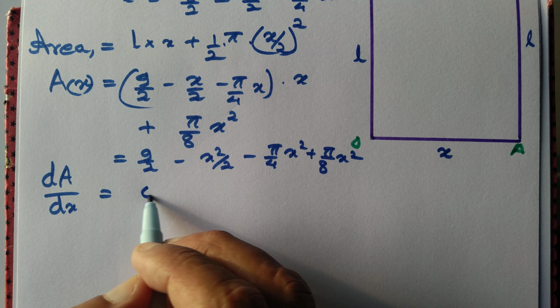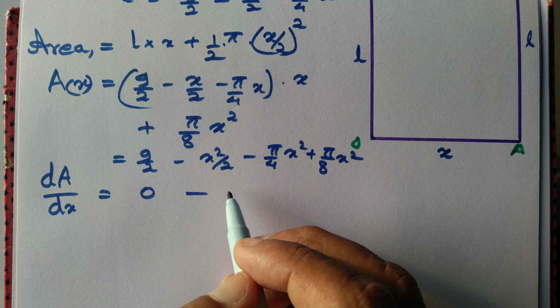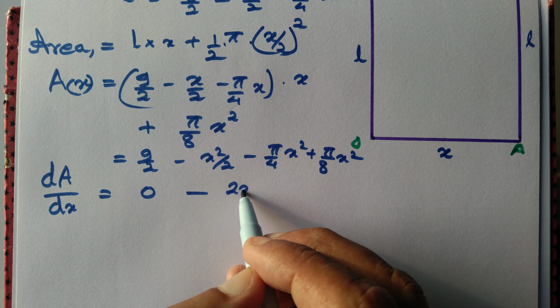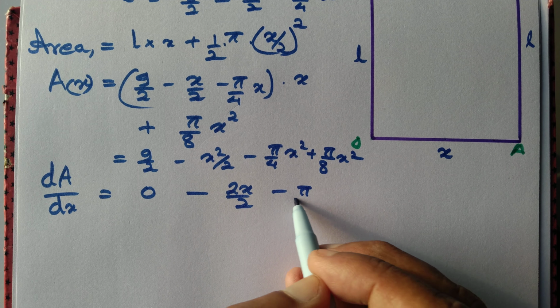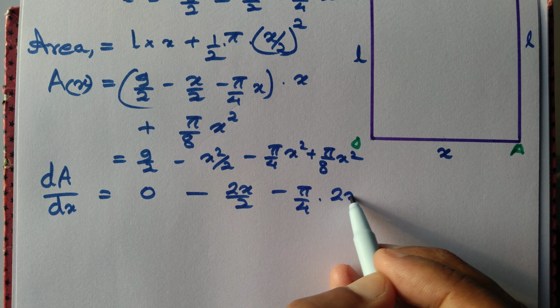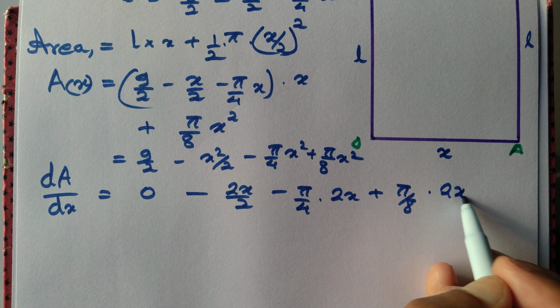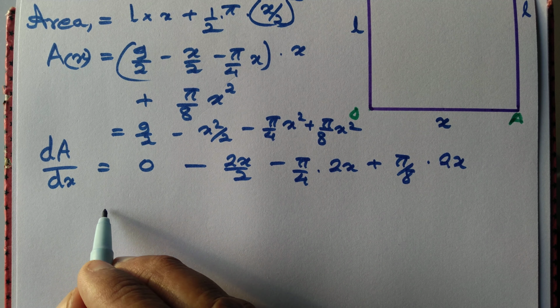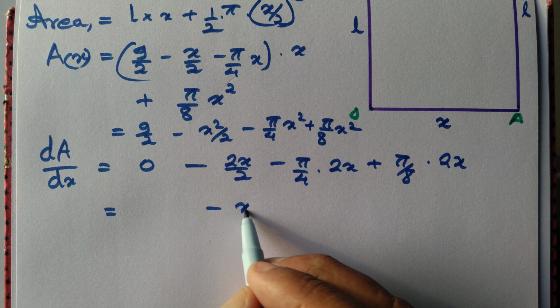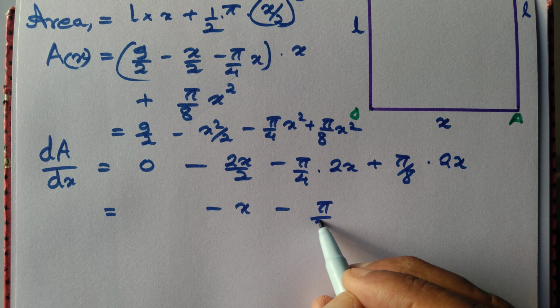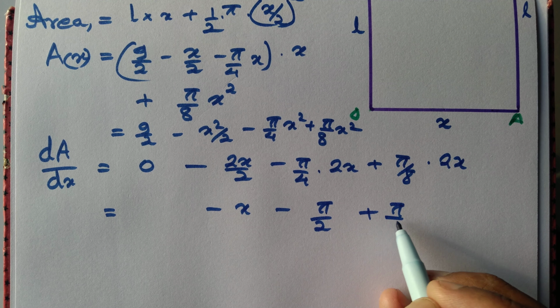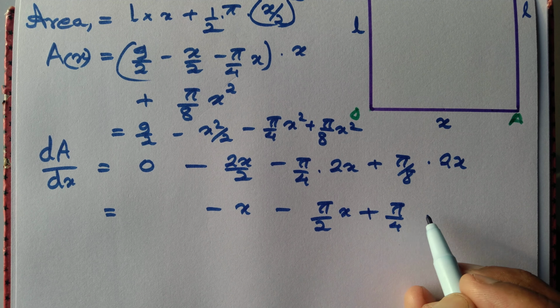Derivative of 9 by 2 is 0. Derivative of x squared is 2x. So 2x by 2 minus pi by 4 times 2x plus pi by 8 times 2x.